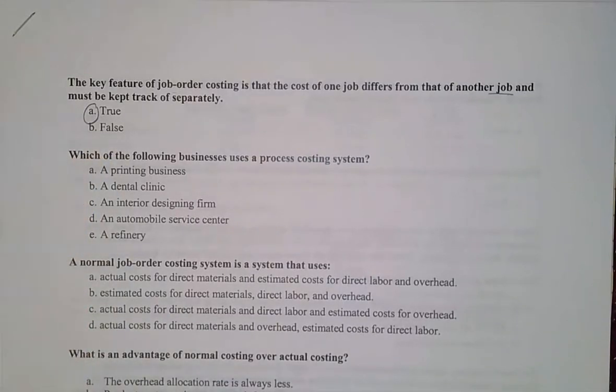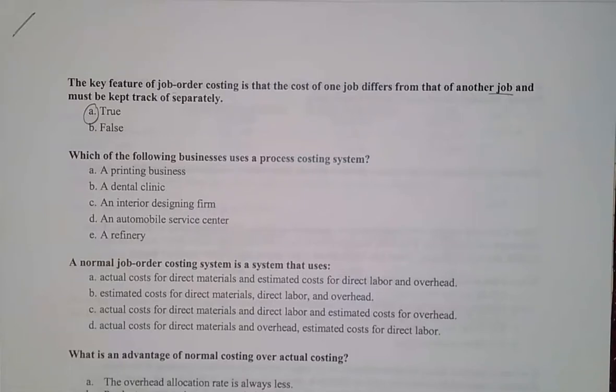Which of the following businesses uses a process costing system? So we've got 5 of these listed here, looks like. And so, the point of the name of the chapter is job order costing. That's what we're looking at. But we do need to be able to distinguish types of businesses that would use a process costing system and a job order costing system.